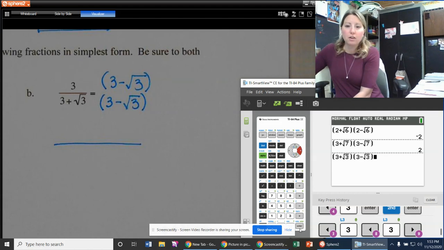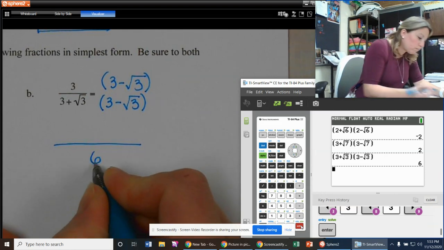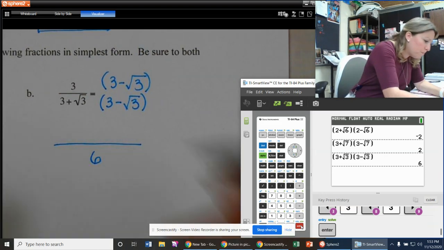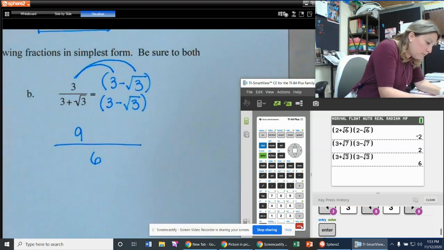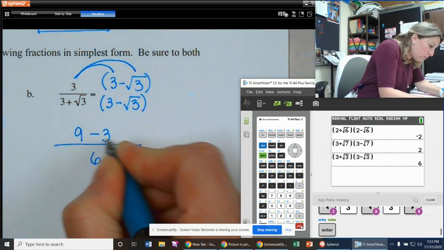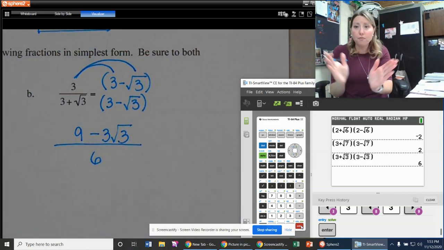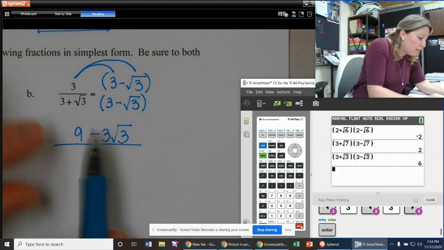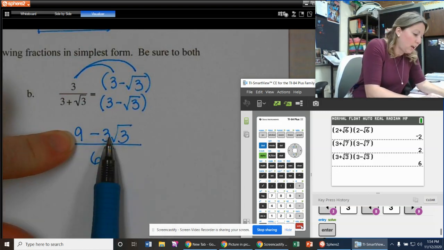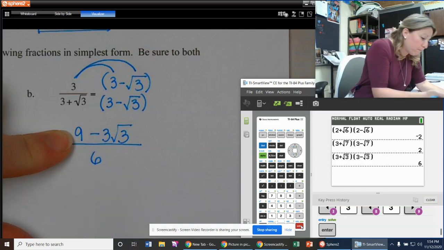Okay, now I can press enter, see what my denominator is going to be. 6. Sweet. My numerator, I distribute. So 3 times 3 is 9. And 3 times negative radical 3 is negative 3 radical 3. Now I look at all my coefficients to see if they are all evenly divisible by something. And this time they are. 9 and negative 3 and 6 are all evenly divisible by 3, right?